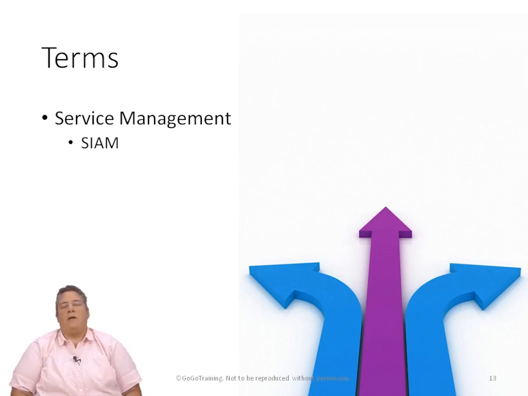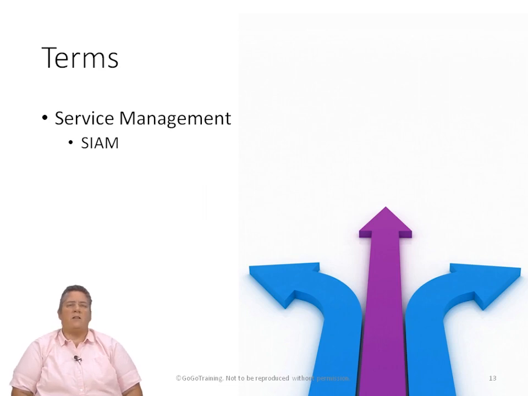But we now have a secondary definition, because when we think about it, we may have multiple providers that need to be managed as we deliver services. Very rarely will you find a service provider that has 100% of the capability to deliver a complete service.